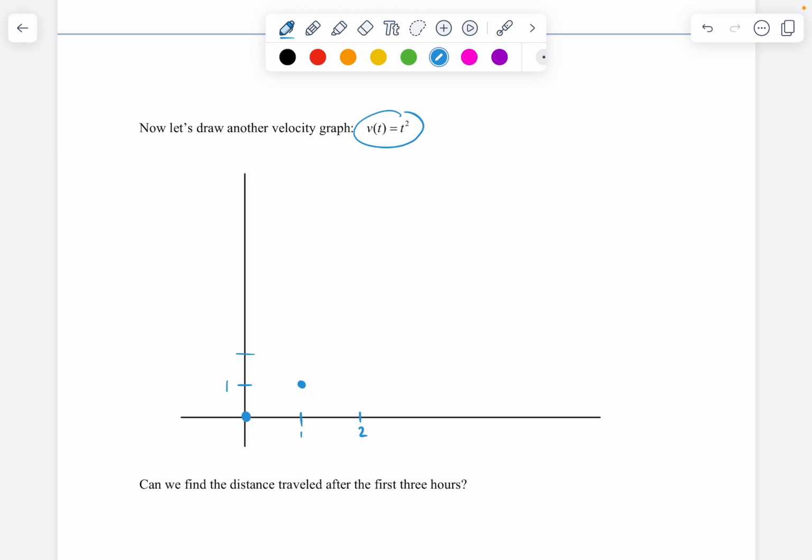So 1, 2, 3, 4. And then at 3, it goes up to 9. So 4, 5, 6, 7, 8, 9. And this pattern continues so that this becomes a nice U-shaped graph like this. And again, that continues on forever.